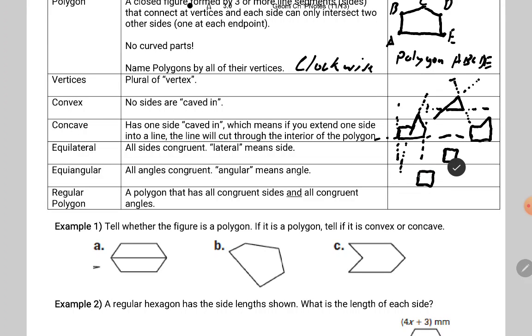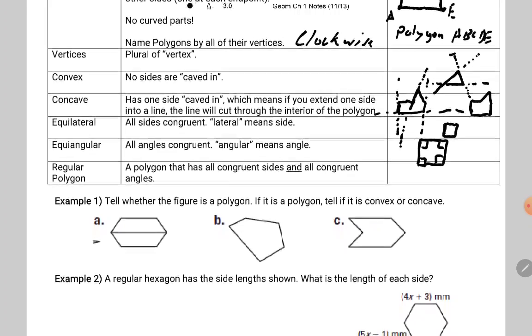And in a rectangle or a square, they form right angles. Let's say we have a square or a rectangle. This angle here is the same as this angle here, which is the same as that angle here, and that's the same angle. Equiangular.